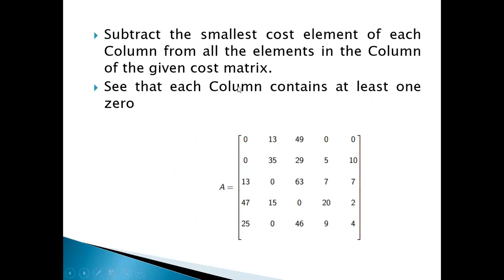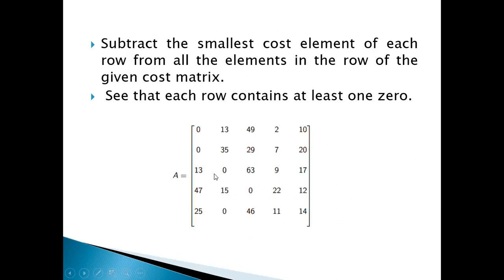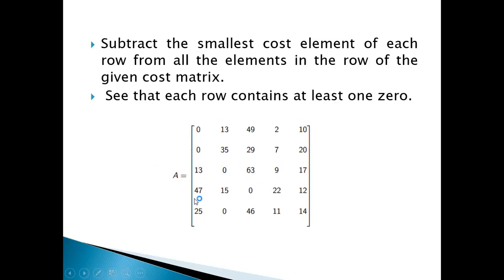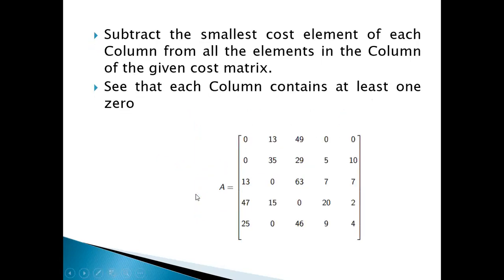Now in the next step, take the column. Okay, so find out the minimum number. So here 9, first column, 9 minus 9, 0.